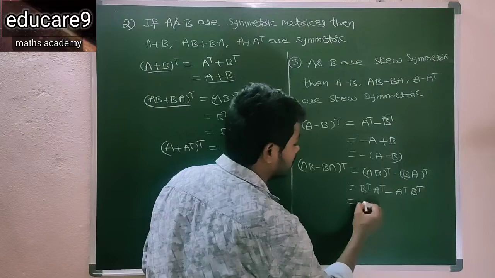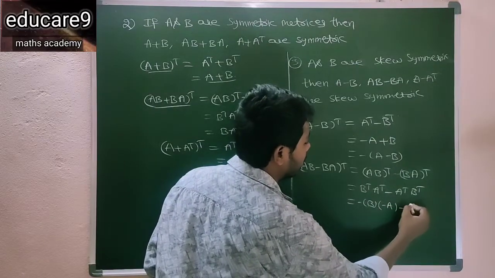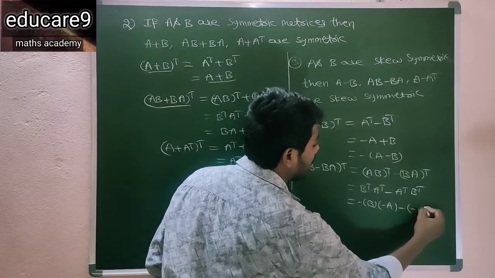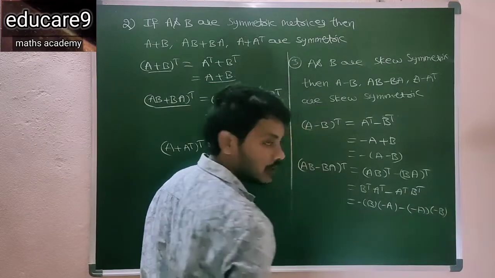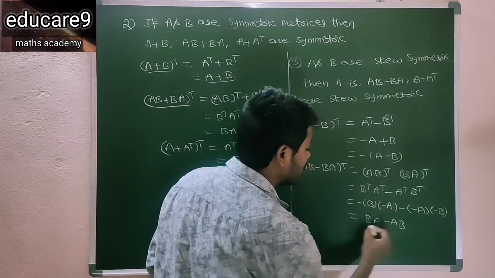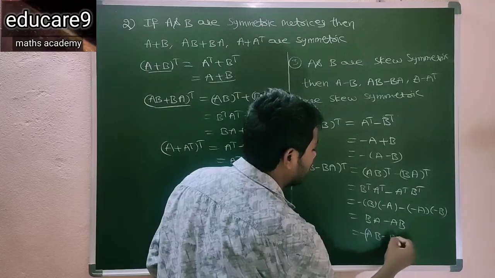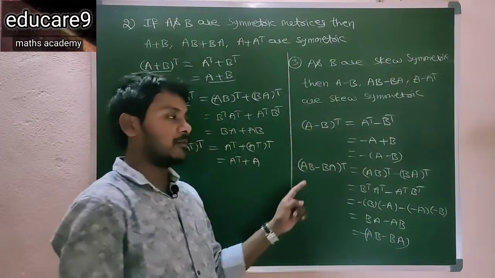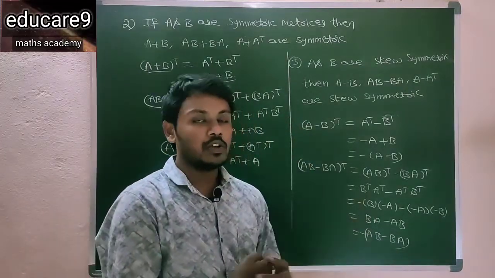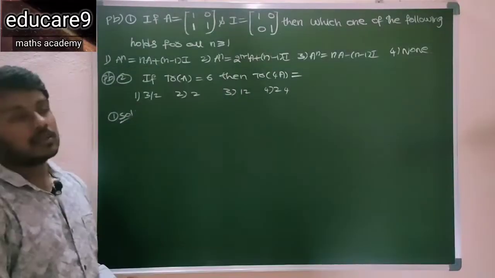B transpose is equal to minus B, A transpose is equal to minus A. And here also minus A, minus B. So this is BA minus AB. So from this you will get minus of AB minus BA. Therefore AB minus BA is a skew symmetric matrix. So now we will discuss a few problems.